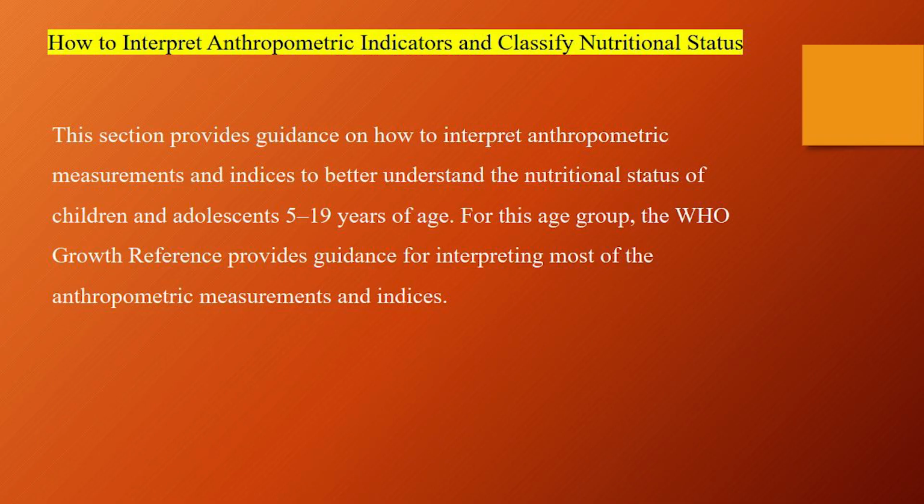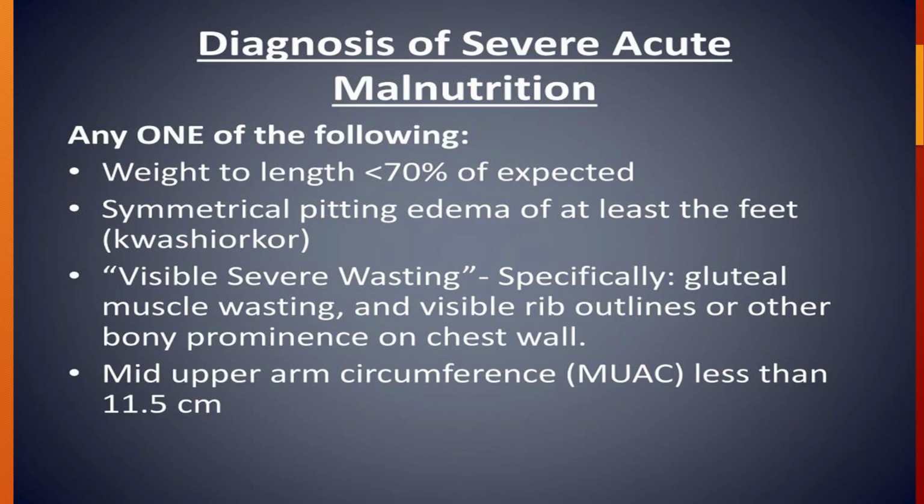Now, how can the diagnosis of severe acute malnutrition be done? Means we are dealing with this SAM. So, how can this SAM be diagnosed, what are the things to keep in mind? See, if the weight of the child to his height is less than 70%, it is very important.